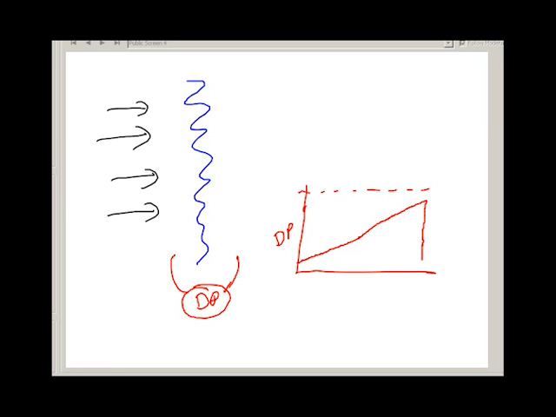Nobody got any ideas? As the filter gets gradually dirtier, as dirt builds up here, the pressure across the filter builds up, so the DP goes up and up and up. And then, for some reason, my DP has dropped right off. Okay, what's happened here? There's a hole in the filter.